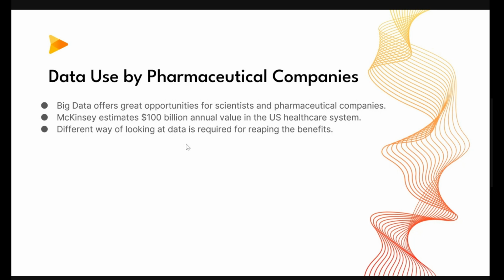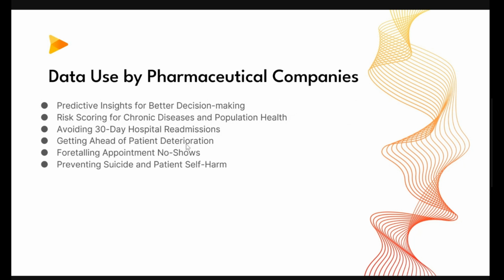And there are also different ways of looking at data to reap the benefits. The pharmaceutical companies use a lot of predictive analytics, because if this year malaria is going to hit lakhs of people, they have to have vaccination or medicines available. They also look at chronic diseases according to the population's health, and 30-day hospital readmissions is another thing.